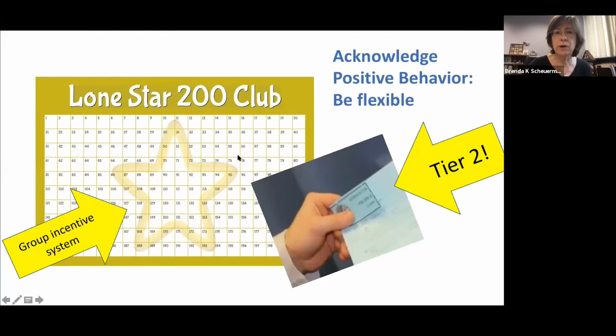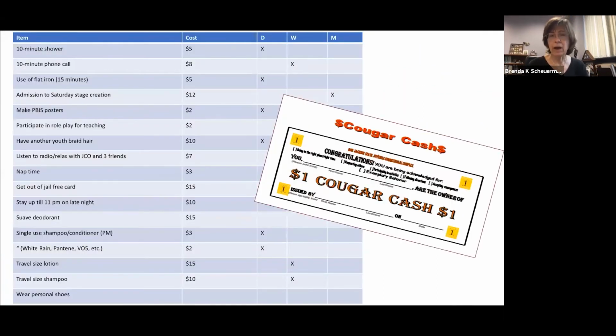This particular program used a kind of bingo type approach. This is based off Bill Jensen's Principles 200 Club. And so there were group incentives built in as well as individual incentives in this one system.